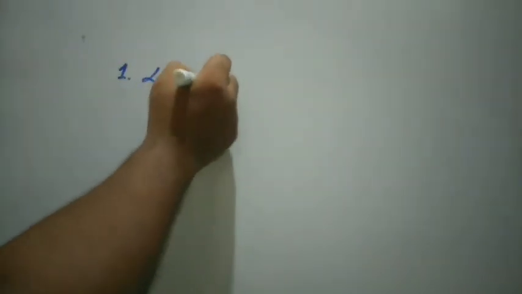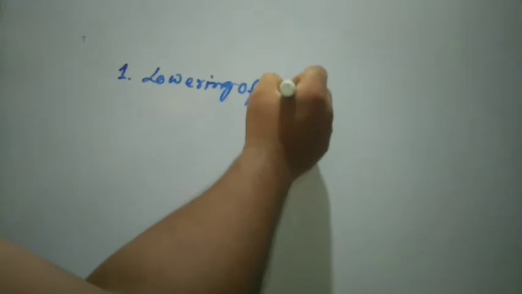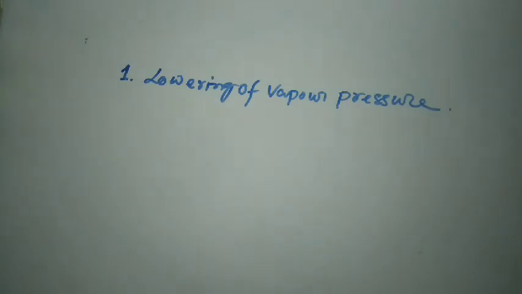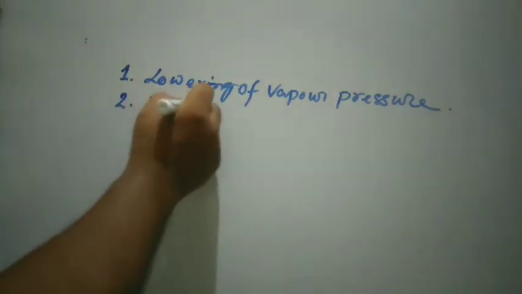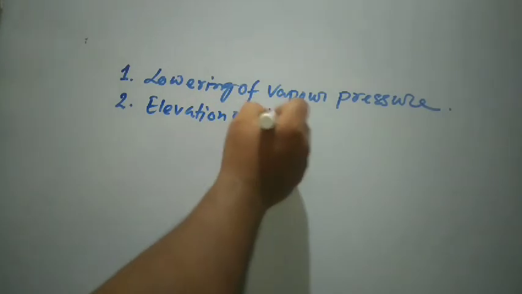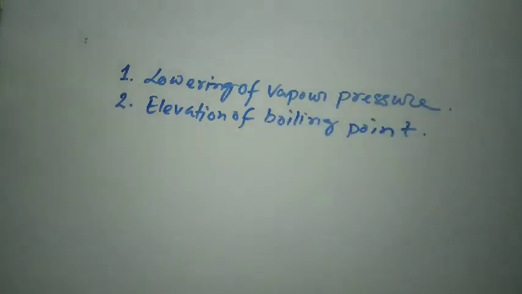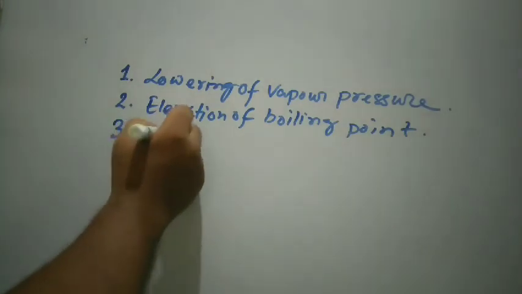They are: the first colligative property is lowering of vapor pressure. The second property is elevation of boiling point. The third colligative property we will read is depression of freezing point.